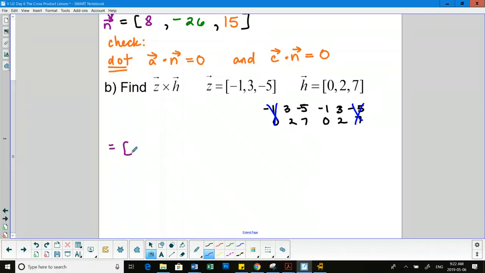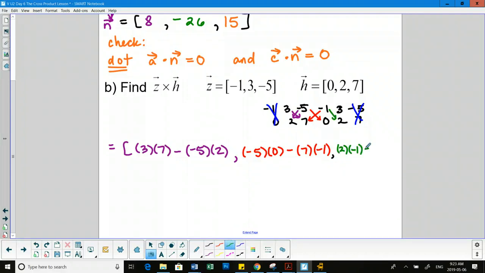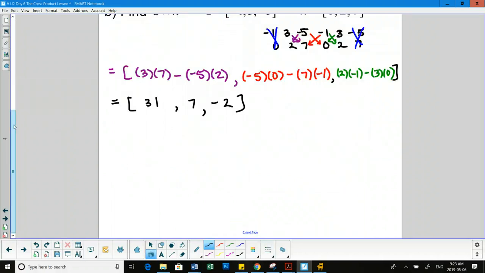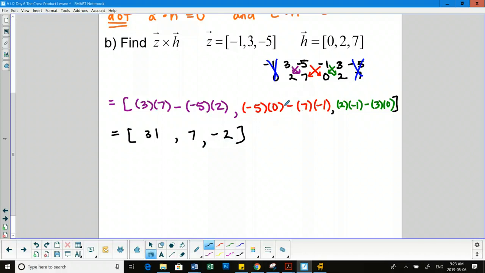Okay, I'm going to start writing out my answer here. Should be 0 minus -7, so that'll be +7, right?